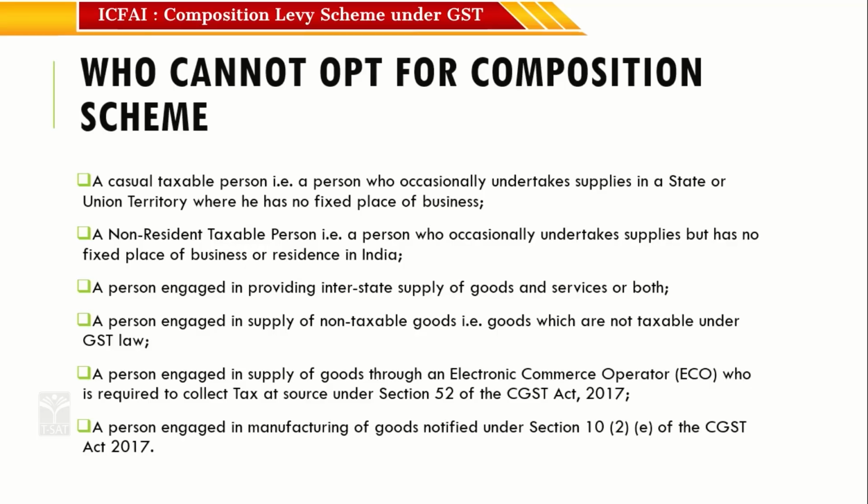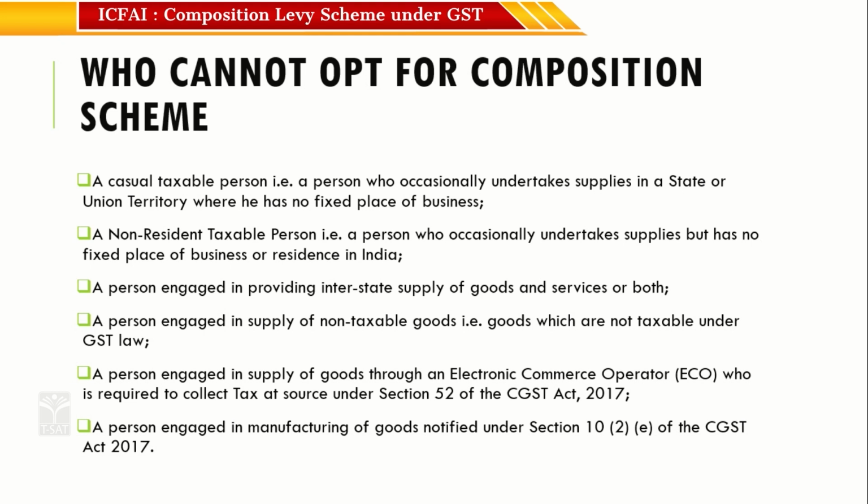Number three, a person engaged in providing interstate supply of goods or services. It is very important to note here that this composition levy is applicable only if the person is involved in intrastate supplies. That means the supply taking place within a particular state.